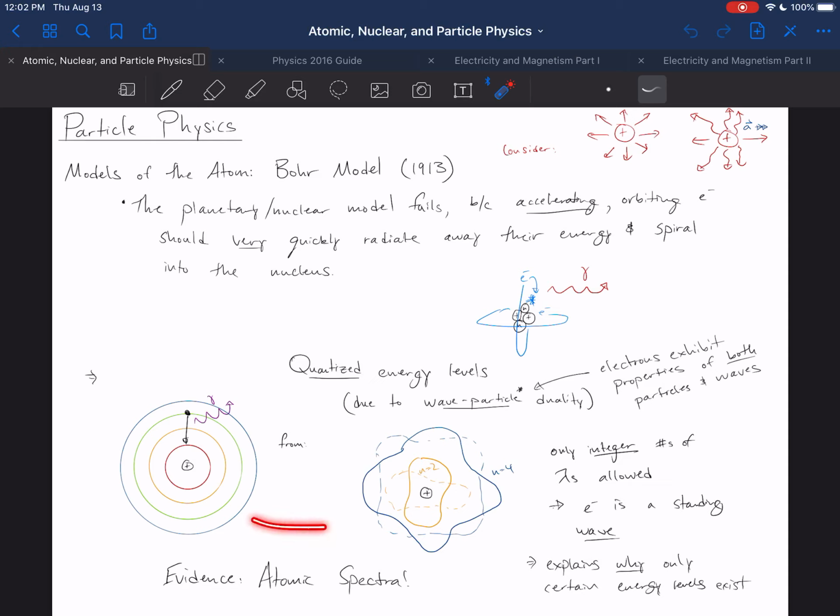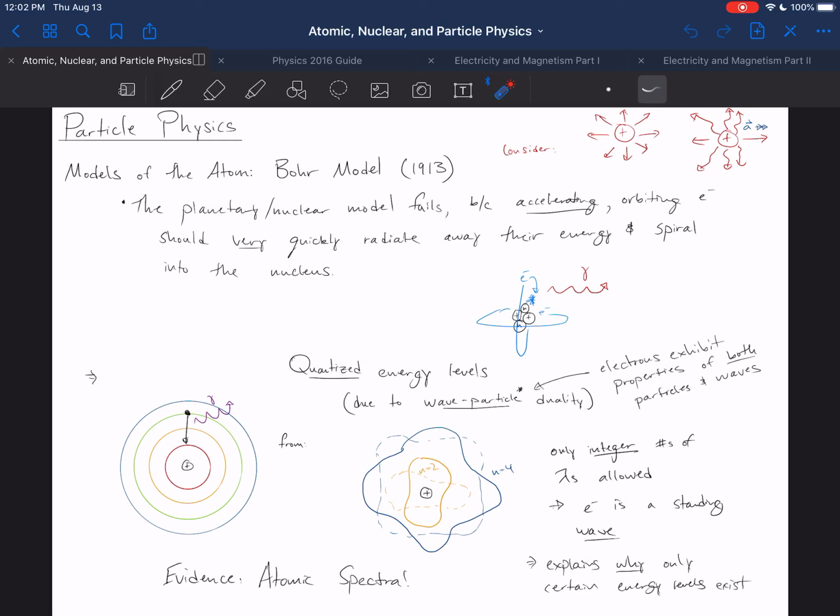Why are only certain energy levels allowed? Well, they're only allowed because you need to have an integer number of wavelengths for the wave that corresponds to the electron, known as the wave function, around the central nucleus. So each one of these energy levels is secretly something that looks a little bit more like this, where you have integer numbers of wavelengths allowed as the electron itself forms a standing wave around the proton.